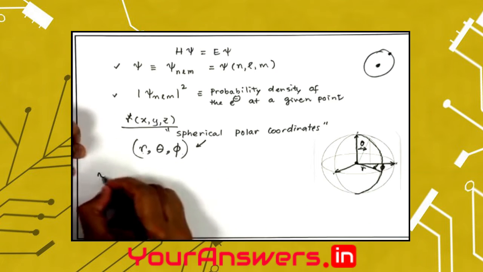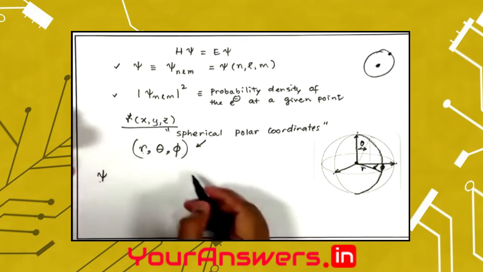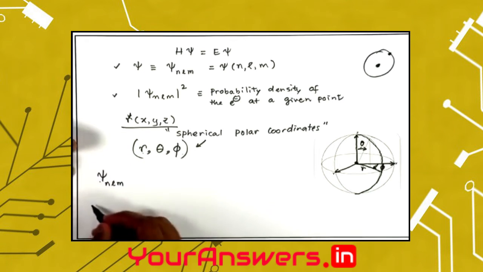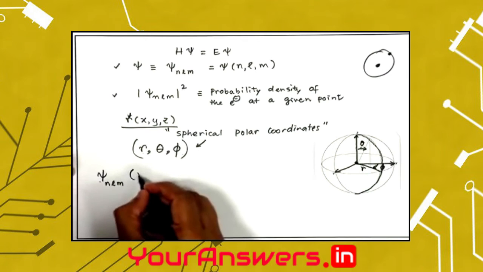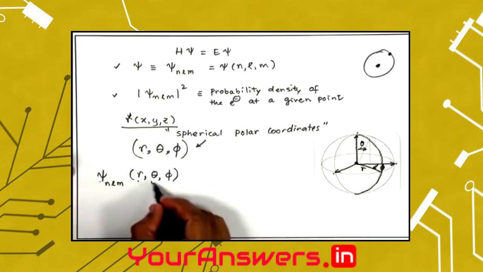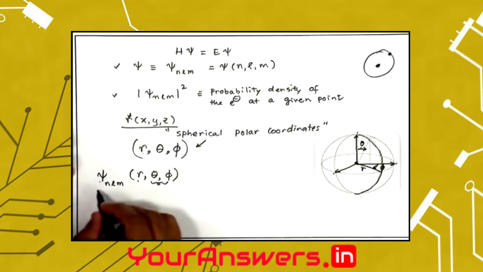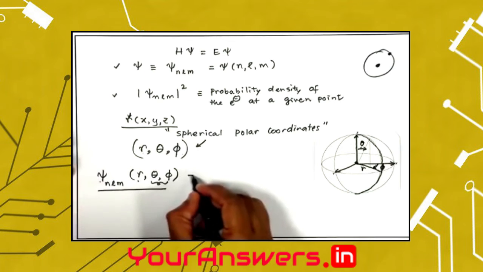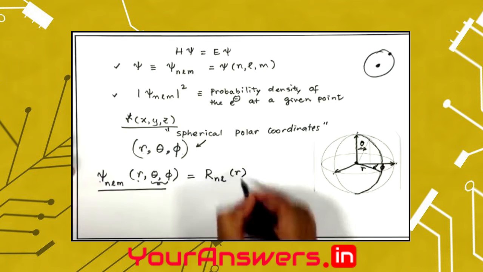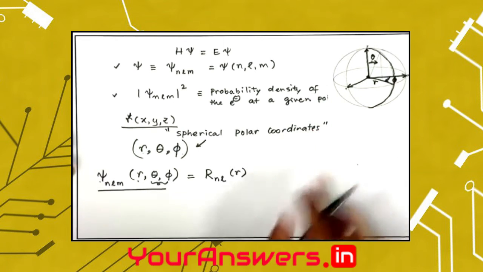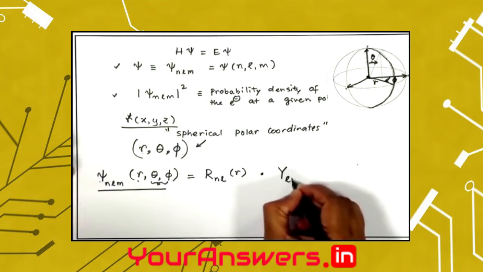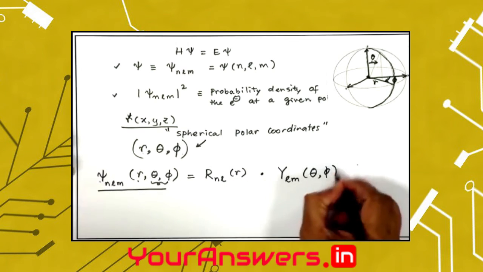Since the wave function contains information about the electron's position, this wave function, which requires n, l, m to be uniquely identified, is a function of r, theta and phi. This is the radial coordinate, and these two are angles. This form of the wave function can also be written as a product of 2 wave functions: one radial part, given as R n l, multiplied by an angular part which depends on theta and phi.